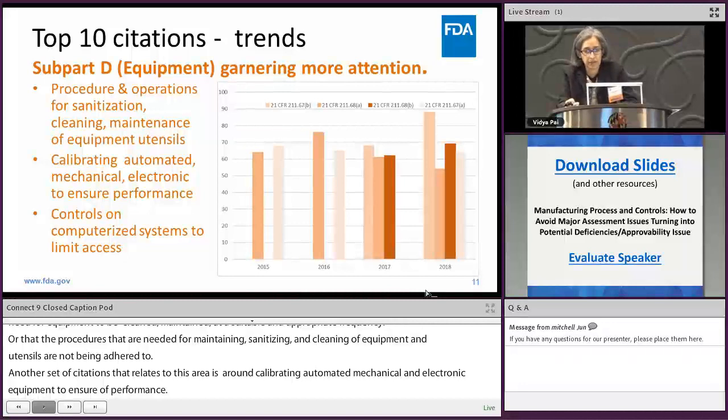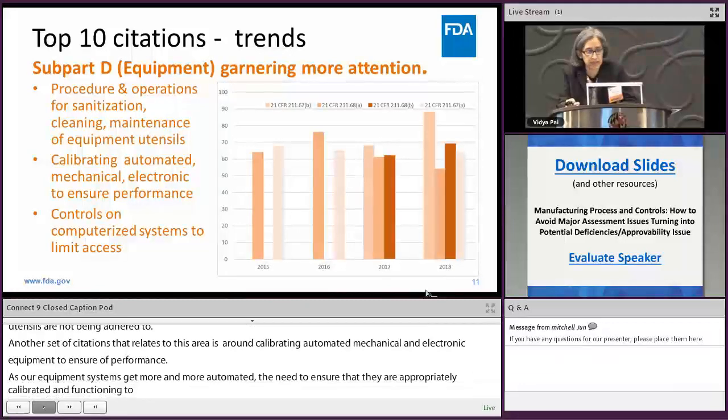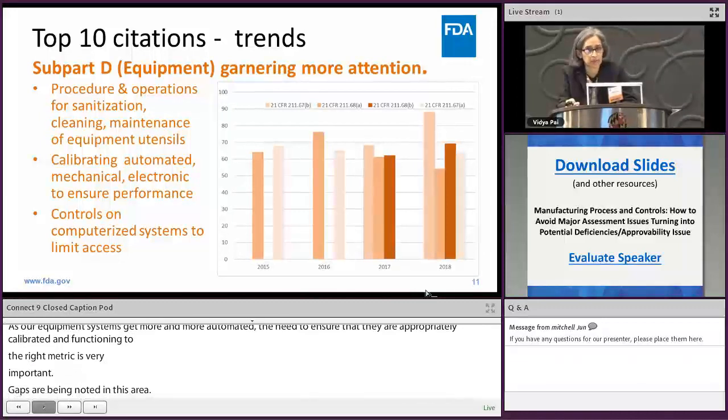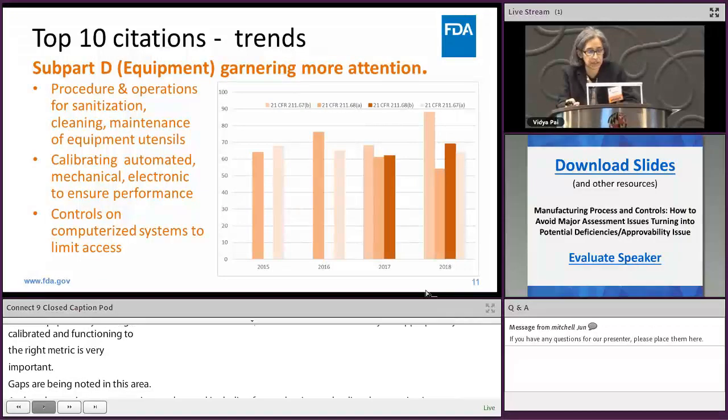And it appears that there are gaps being noted in this area. And lastly, as electronic systems continue to be used, including for production and online data monitoring, the control to such systems really needs to be established and instituted.